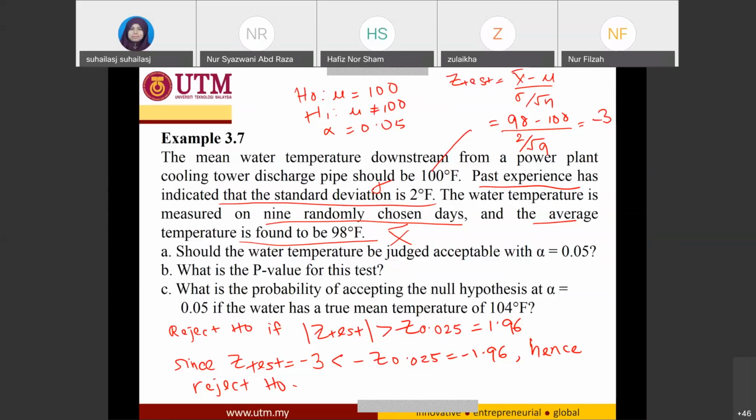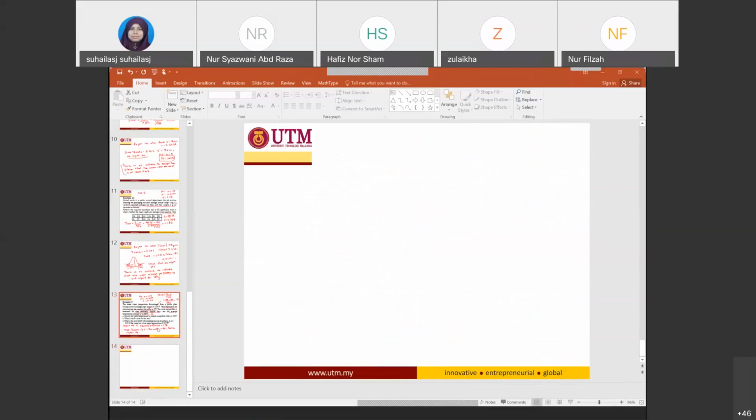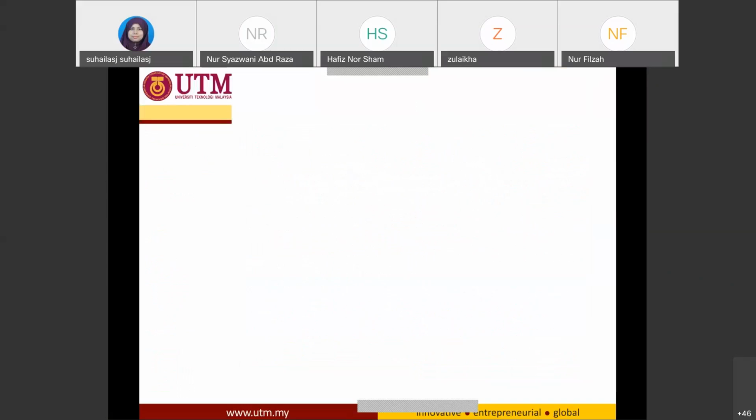Okay, now what I want to highlight is, what is the p-value of this Z test? Since this one is two-sided, the p-value for a two-sided test, if you recall back, is just 2 times 1 minus phi of the Z test.